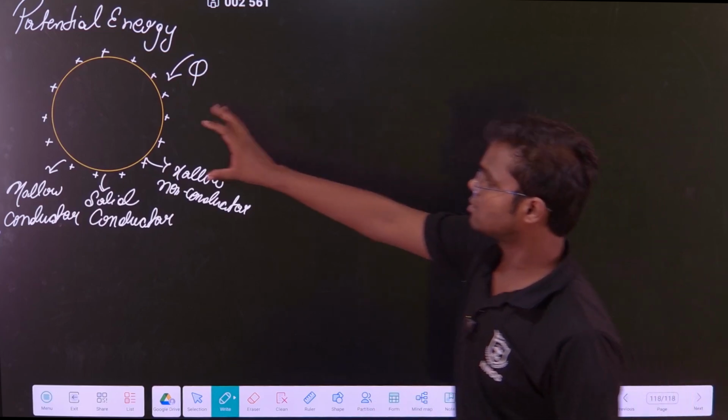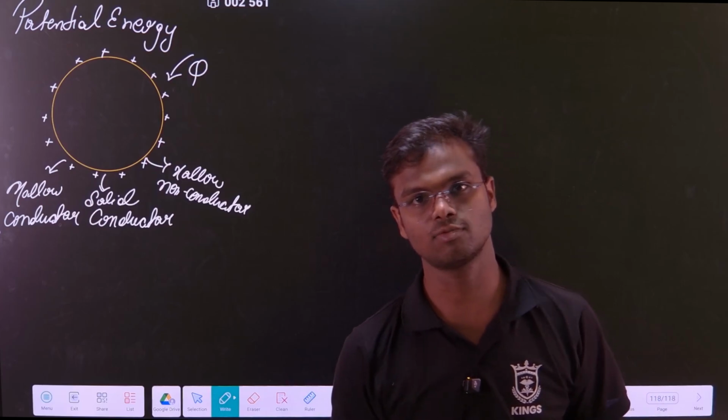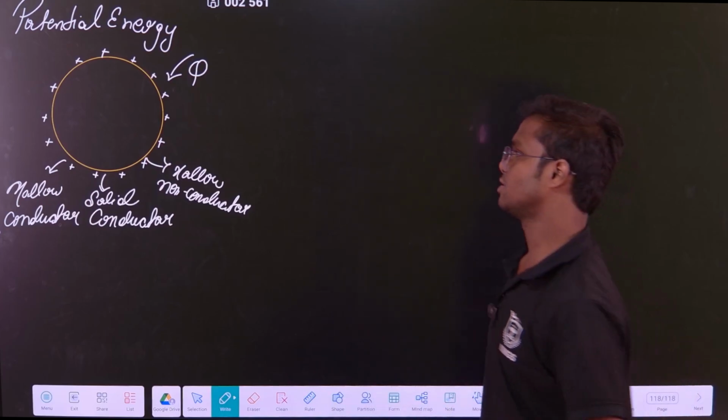Suppose I want to make this system, and the radius is fixed. Obviously this is a sphere, the radius cannot be changed, it is fixed because it is a sphere.